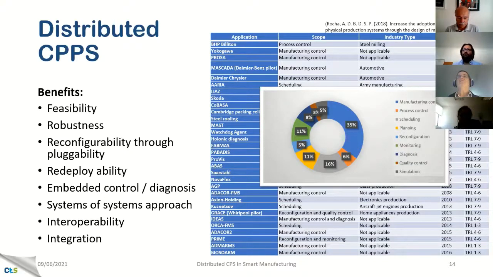We have solutions. We find in the literature a lot of approaches, for instance, for planning, reconfiguration, monitoring, diagnosis, quality control, etc., but either we are dealing with low TRLs, or if we have high TRLs, the problem is that we don't have a continuation in these deployments.